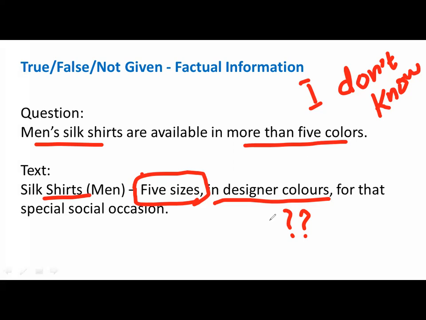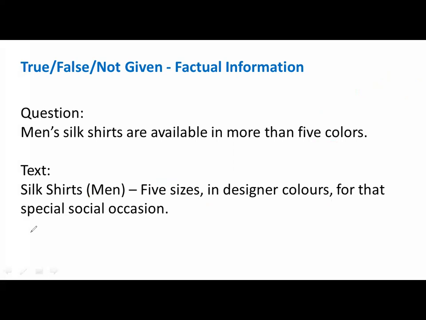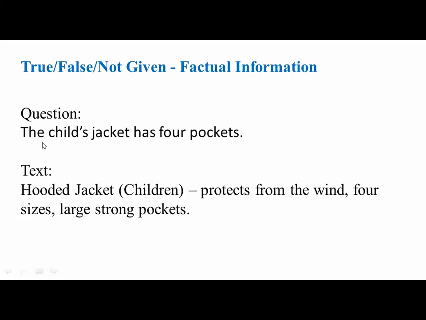So when this is the answer, that means, tell me, yes. What is the answer? The answer is not given. What is not given? Number of colors are not mentioned there, so we would say it not given. Okay, now let's go for another example.